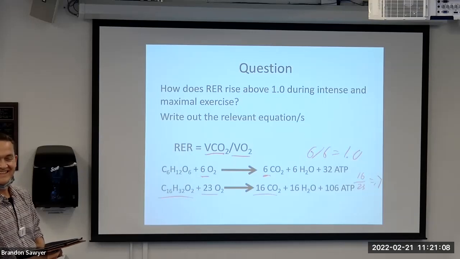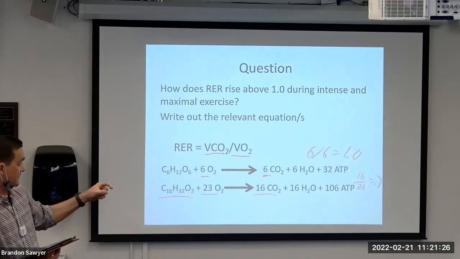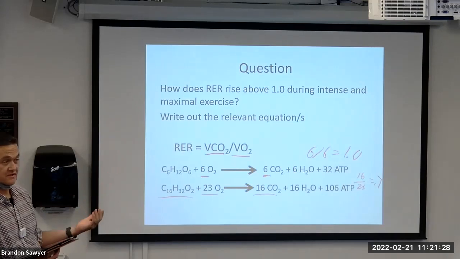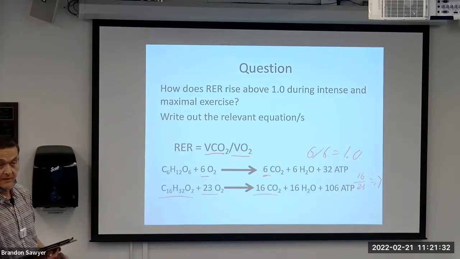It had to do with the buffering system and how CO2 increased, it would affect the rest of that. Okay, that's kind of the answer to the next part of this question, which is a good answer for that part. But why does that RER have to go from 0.7 up to 1.0 when we start exercising more intensely? Meaning, why do we have to shift to carbohydrate burning to keep up with intense exercise?